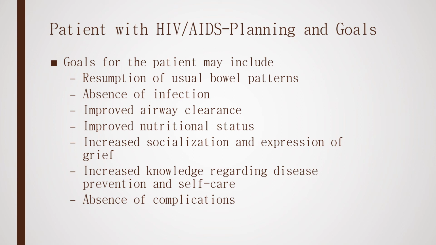So if the patient has diarrhea, you want to have a goal in place for resumption of usual bowel pattern, preventing the occurrence or frequency of diarrhea, absence of infection, improved airway clearance, improved nutritional status, increased socialization and expression of grief, increased knowledge regarding disease prevention and self-care, and making sure the patient has no complications. So the absence of complications is the goal.